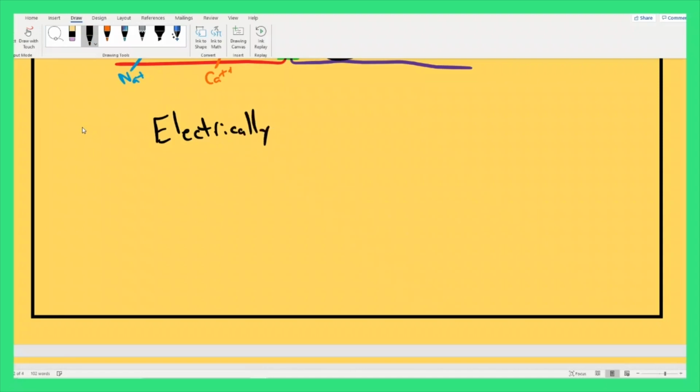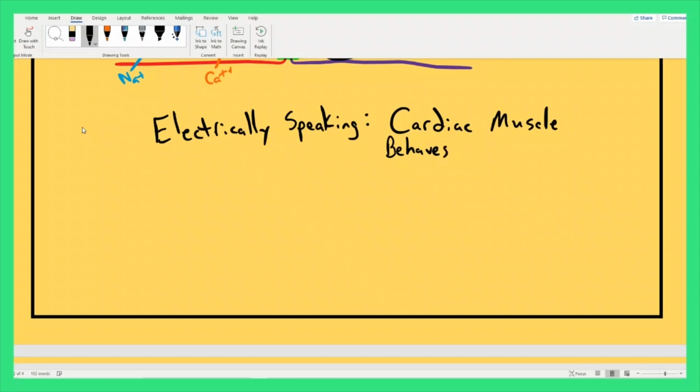Electrically speaking, cardiac muscle behaves as a single unit.